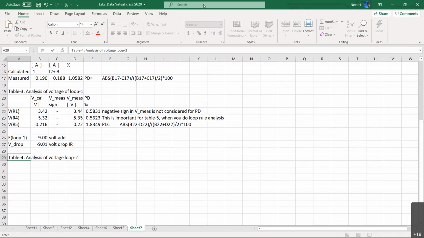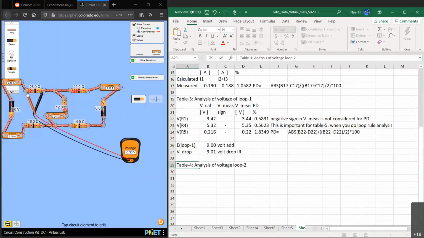All right, then let's continue to loop number 2, table number 4. So now we are on this loop right here.